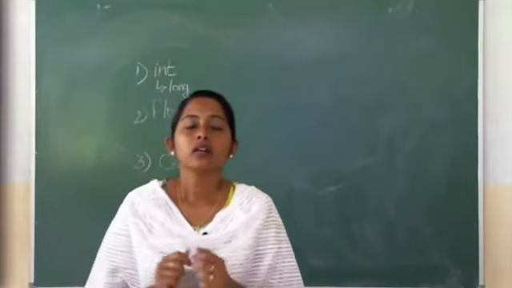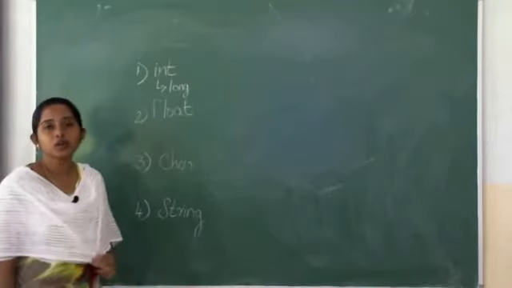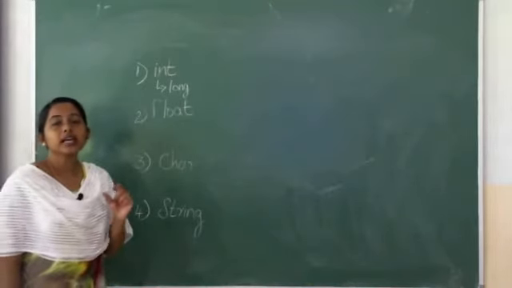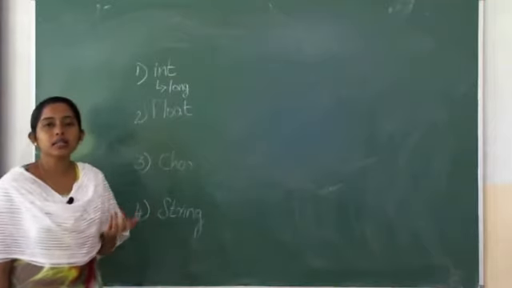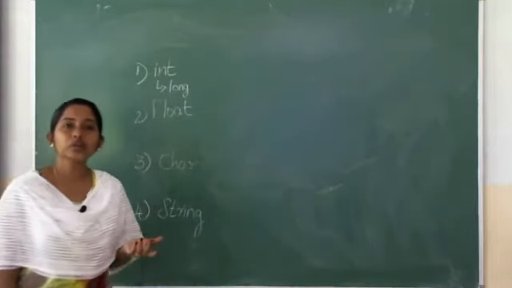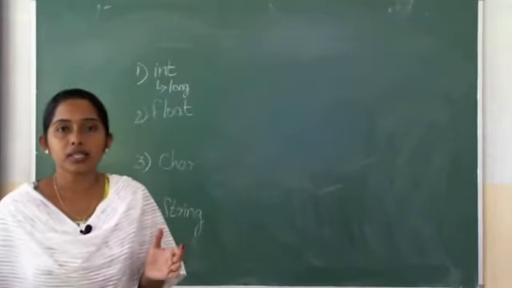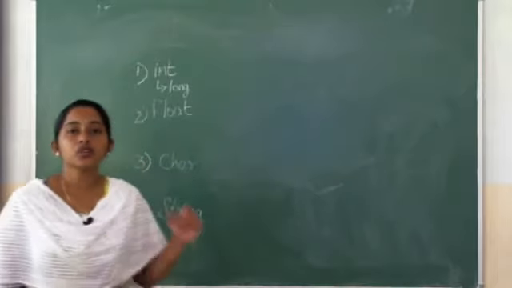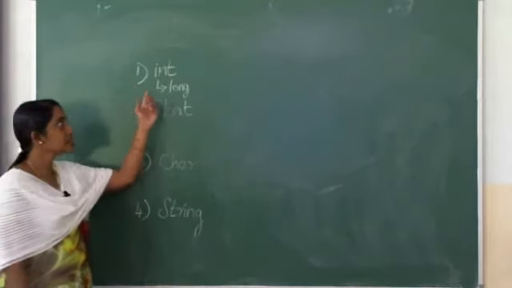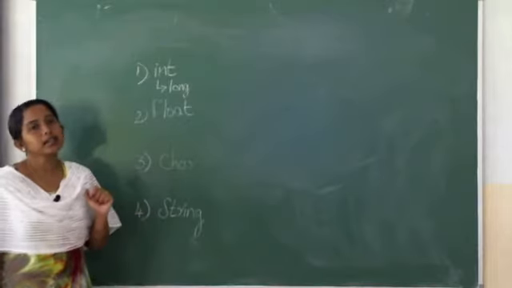We use this data type to specify integer values or integer numbers. Integer numbers, as I already told you, are numbers without a decimal point. For specifying such data we use the int data type.